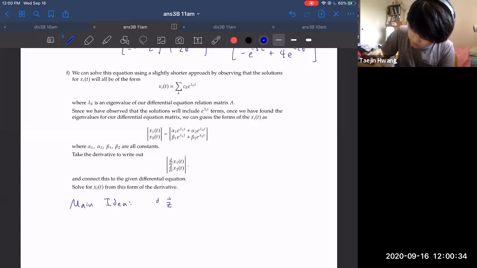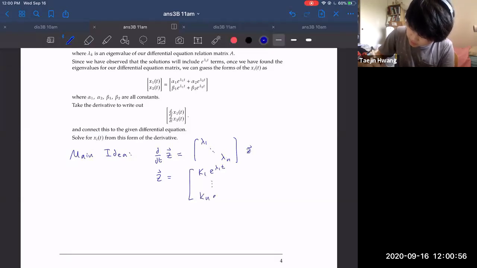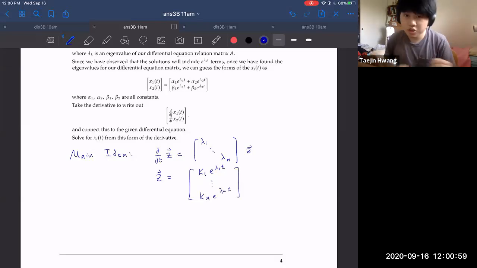And the main idea I want to talk about is this: remember how we had this diagonal matrix equation, and how the diagonal solution z is really equal to k1 e^(λ1 t) all the way down to kn e^(λn t), where these k's are scalars.